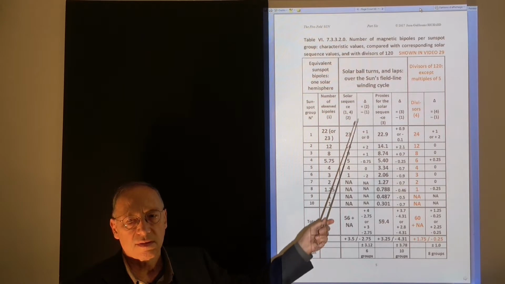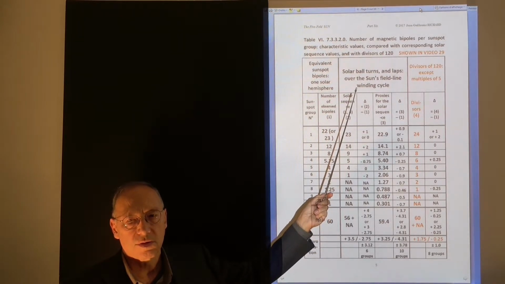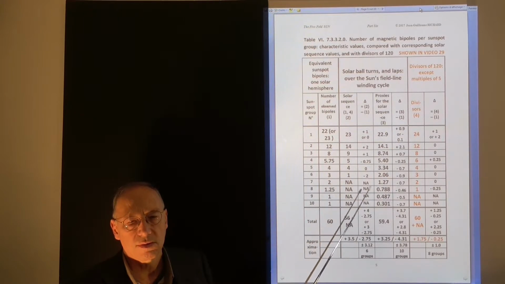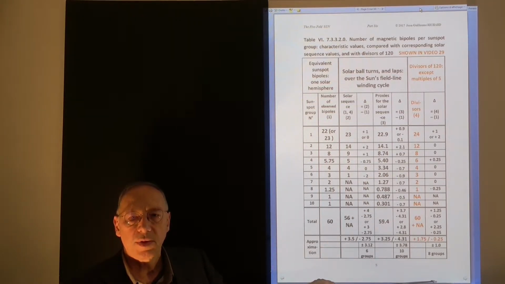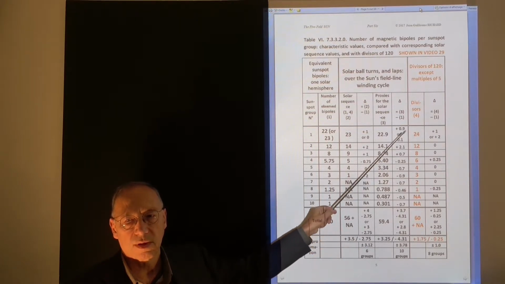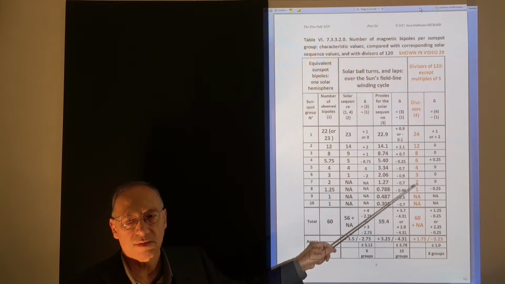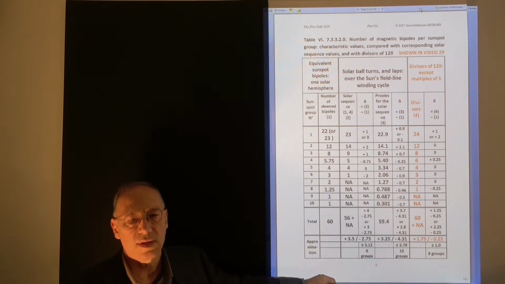We saw that these numbers of B-poles approach the numbers of solar turns and laps in the kinematic of differential rotation as found in part 1, and it so happens that they are also rather well fit by the sequence of the divisors of the number 120, which are also divisors of the number 144, which is the number of rigid rotations of the Sun over the Schwabe cycle. These are the divisors of 120 which are not multiples of 5.